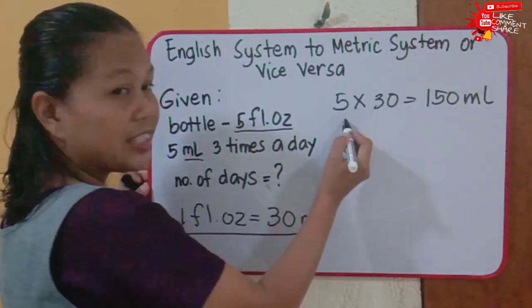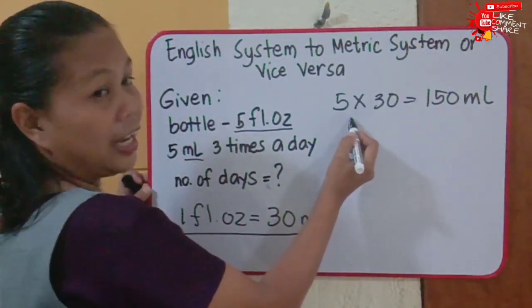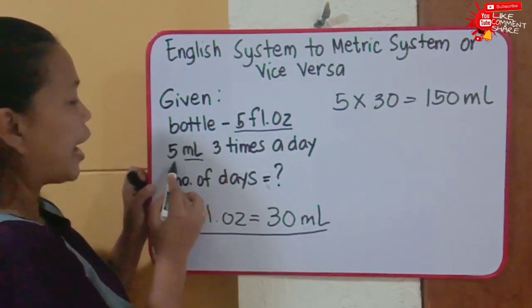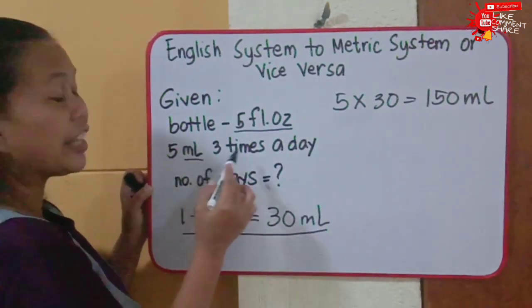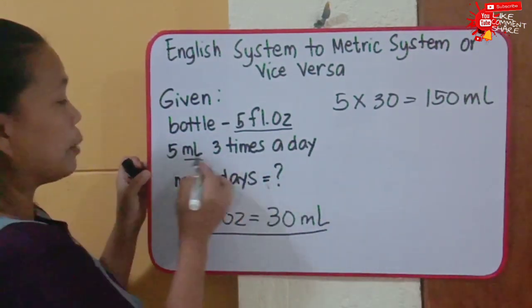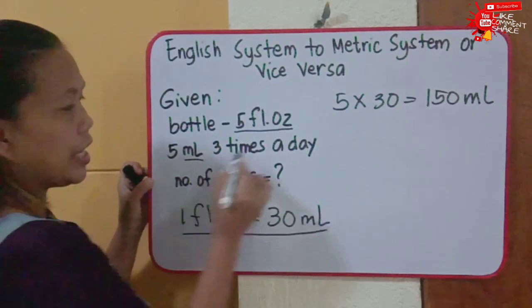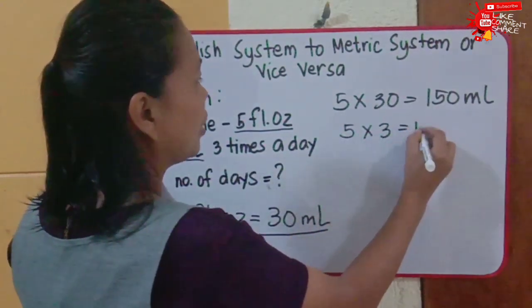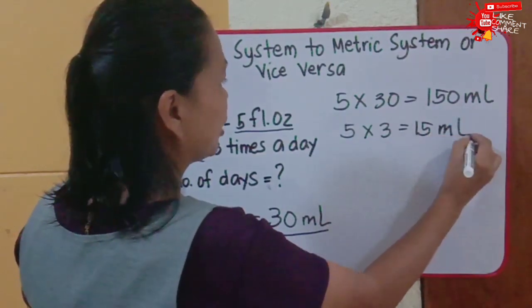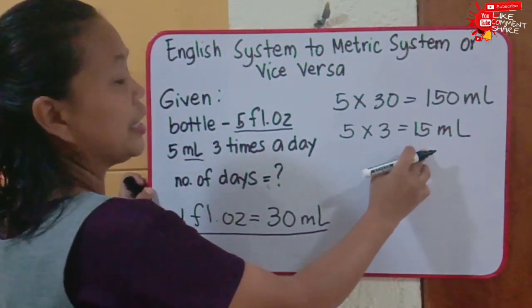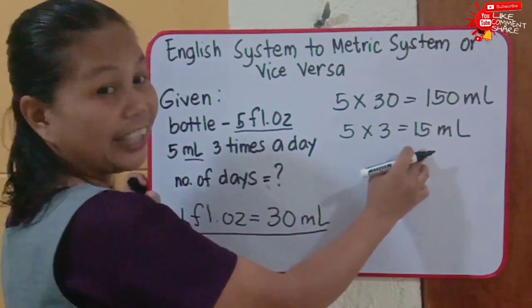So this is the capacity of the medicine in a bottle. Since the doctor prescribed 5 milliliters 3 times a day, we need to multiply 5 by 3. So 5 times 3 is equal to 15 milliliters. This will be the amount of the medicine that the person will drink for a day.